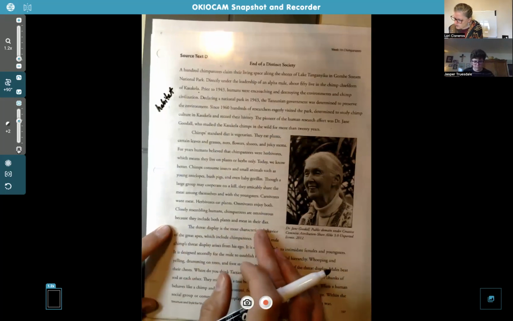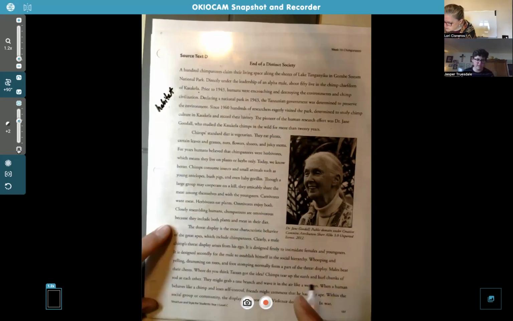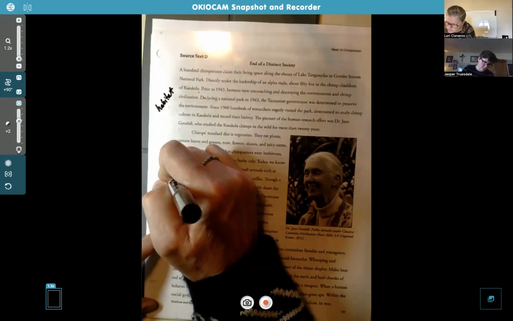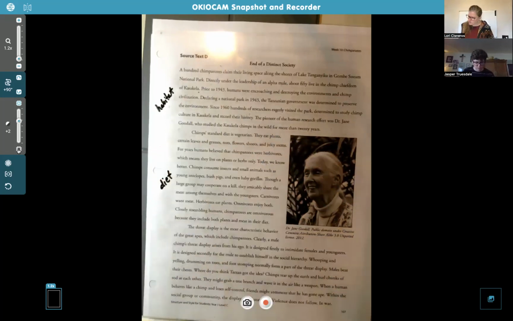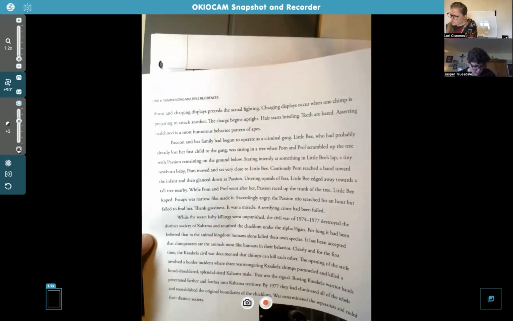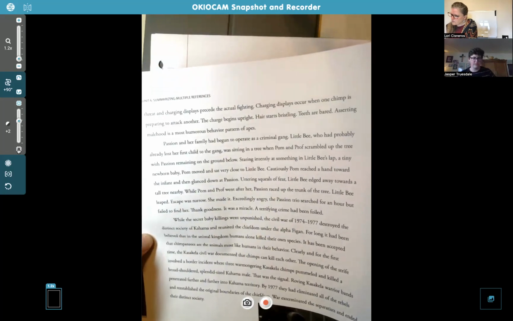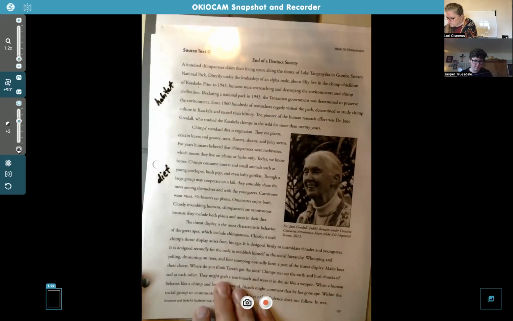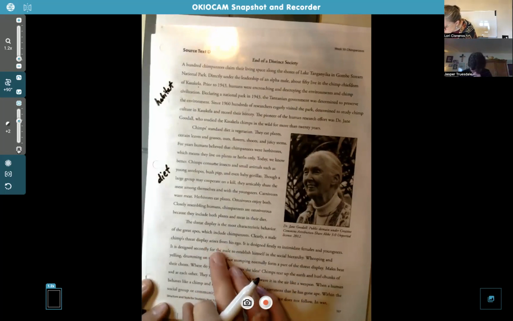This next paragraph basically is talking about what they eat. Yeah, so diet. Yeah. This one kind of seems like war again. Yeah, I also see that word behavior in there.